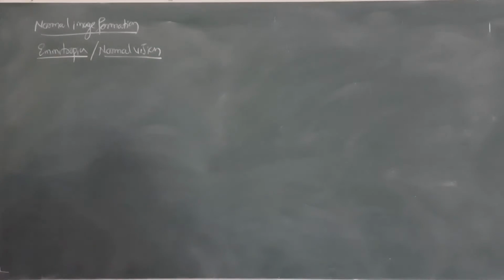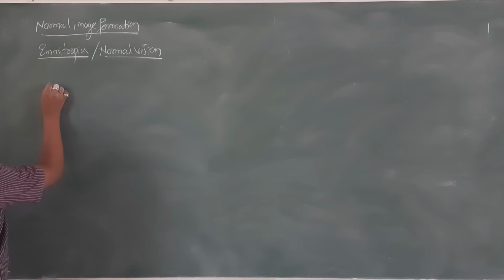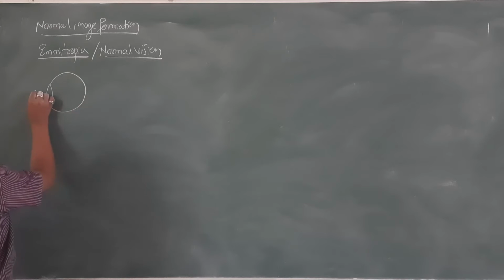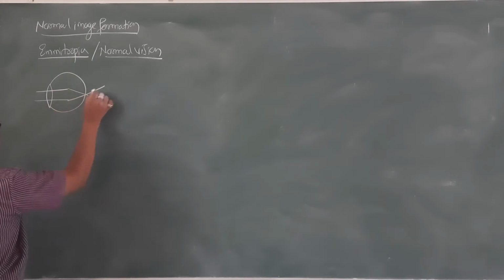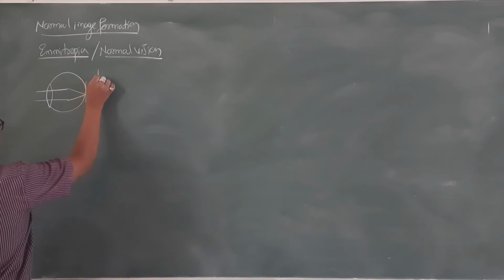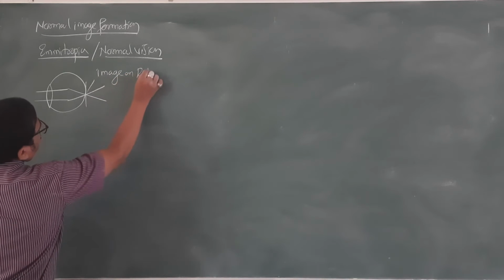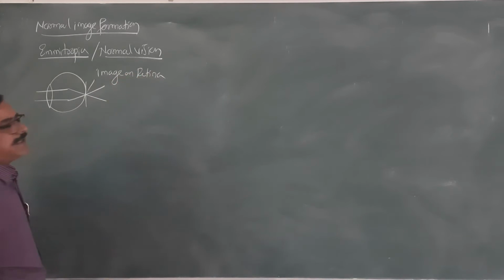Now here, let me tell you, in the Hypermetropia, yes, we do have the lens and this is the eyeball. Mainly the light rays are passing and creating an image on the retina. So image on the retina is a very normal thing. So this is what we say Hypermetropia or the normal.